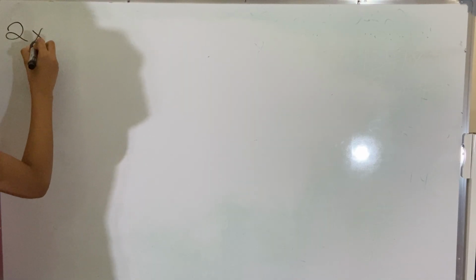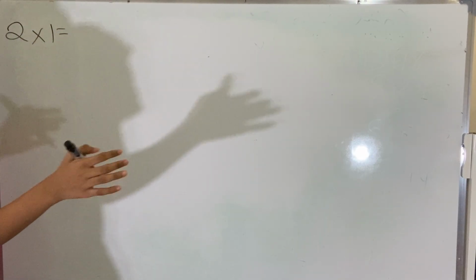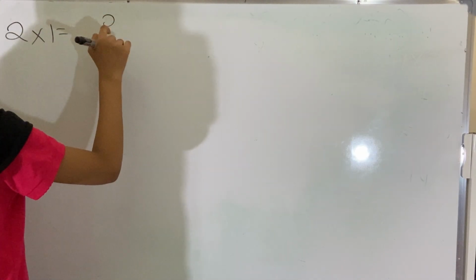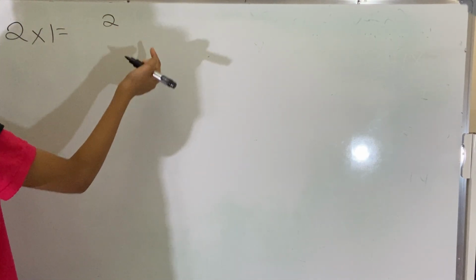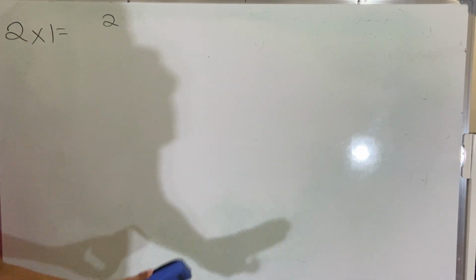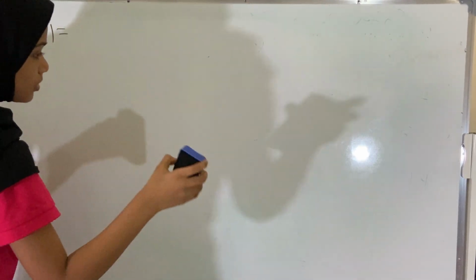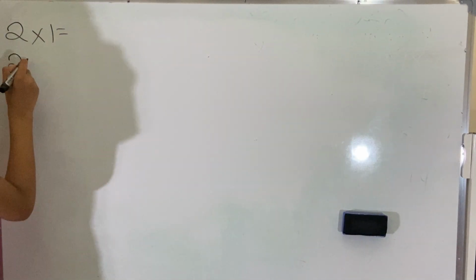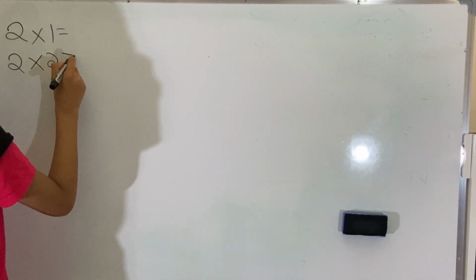So 2 into 1 is 2 because you add 2 one time, which is going to be just 2 because we just did it one time.